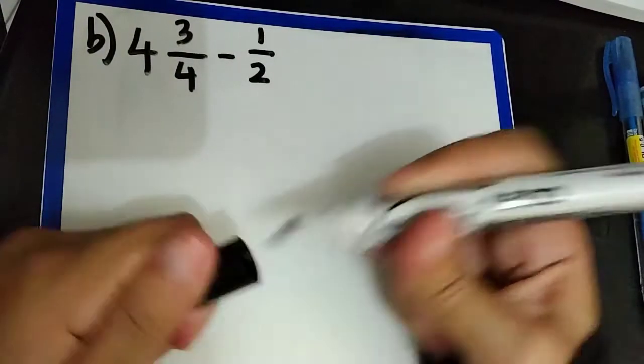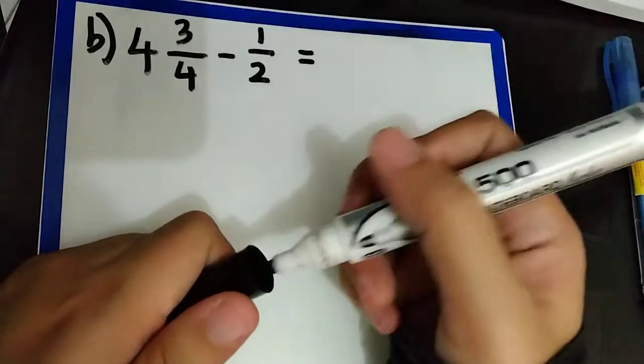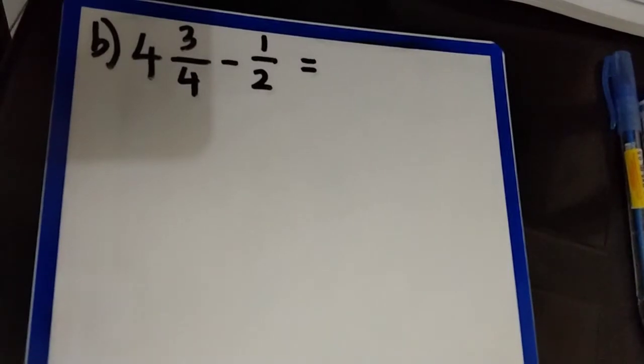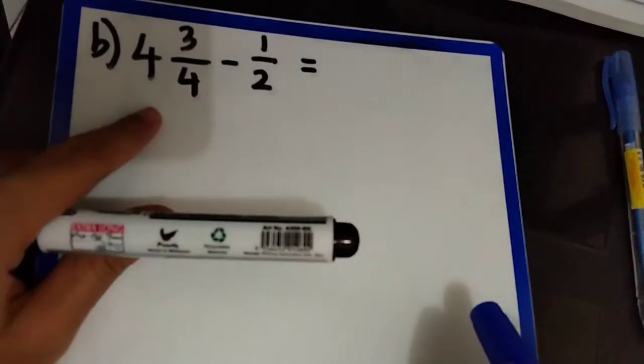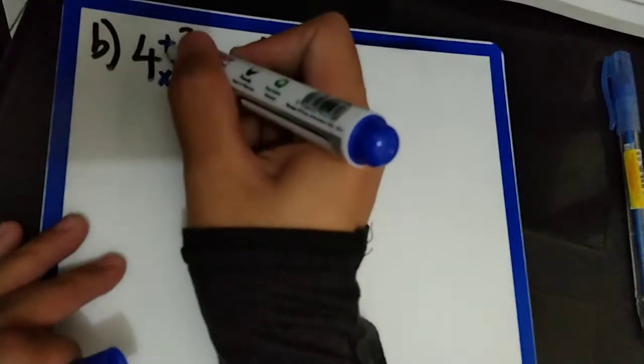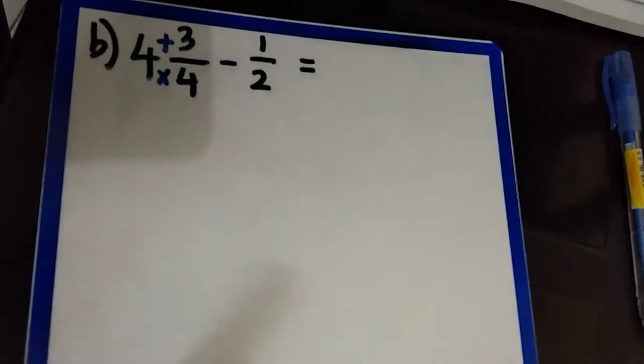For this question, it involves a mixed number and a proper fraction. You can see clearly. For this question, the first step is to change the mixed number into an improper fraction.